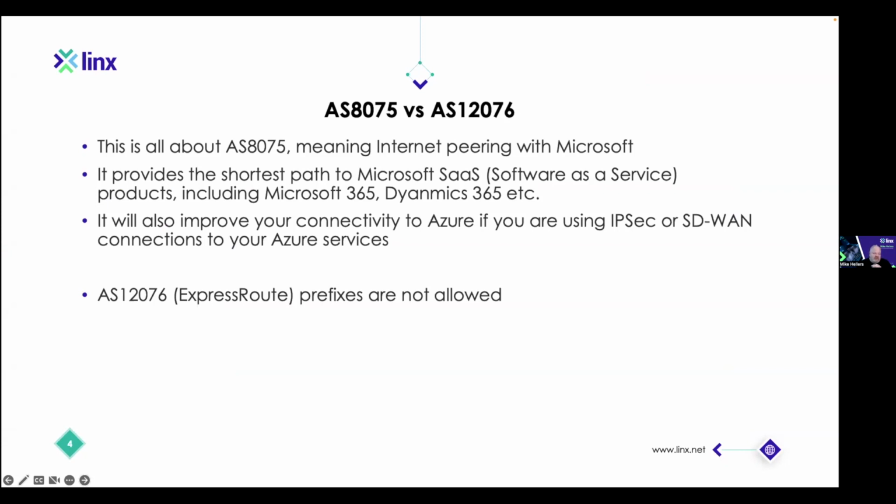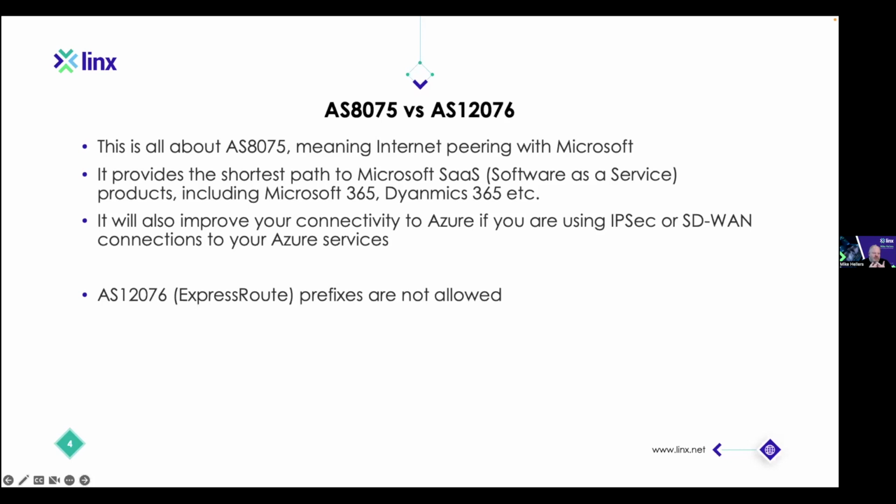Then there is AS 12076, which is the AS that you see if you're using any Azure services, with your compute platform or storage or VMs within Azure. So this is not about establishing a BGP session with 12076, but about public-facing services from Microsoft.